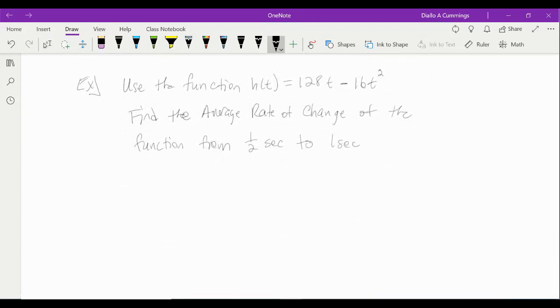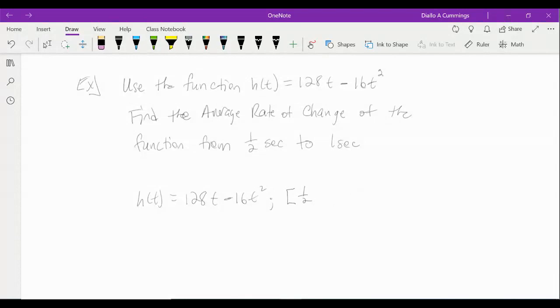So we have the average rate of change. We have h of t, that's equal to 128t minus 16t squared. And we have the interval from half a second to 1 second. Right. So I'm just going to get rid of our unit of second.